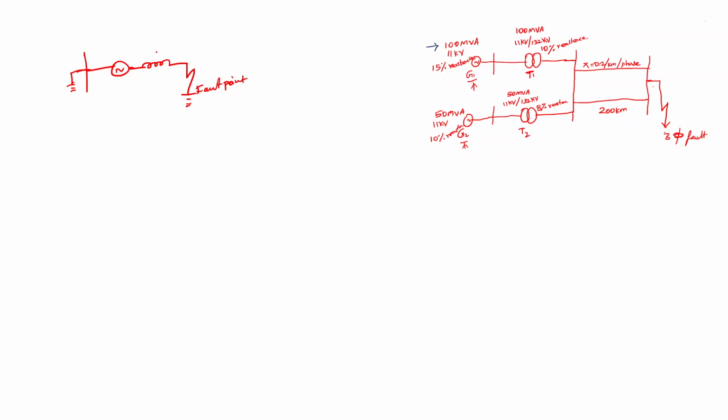This value is 0.265, and the generator has angle 0. The next step is to find the fault current, that is IF per unit. That is step 5.